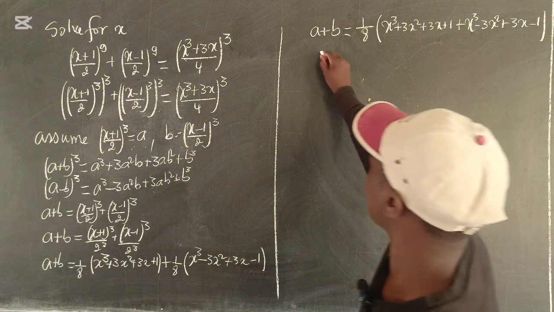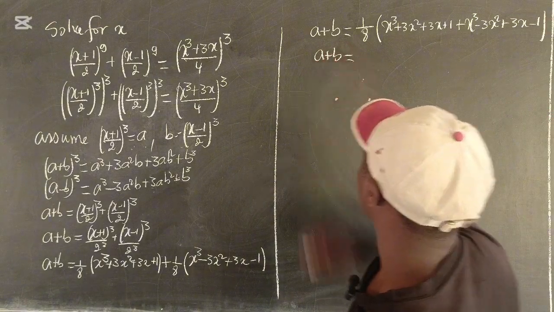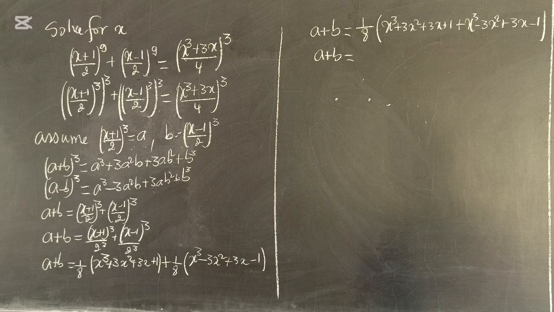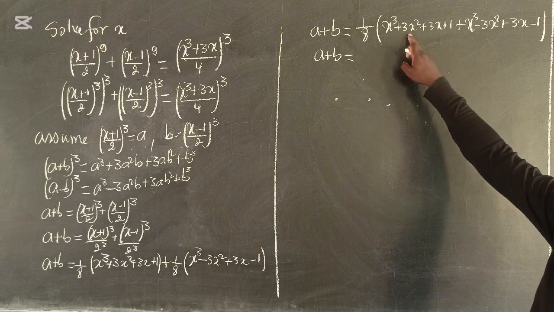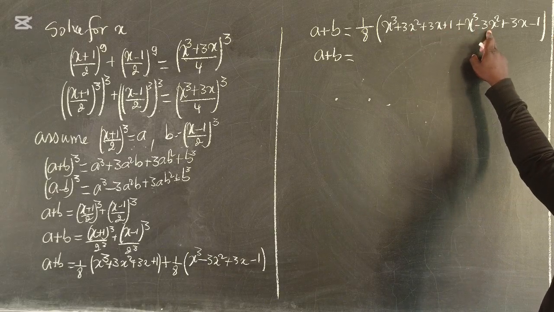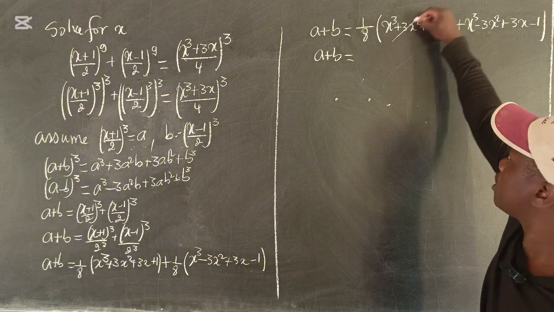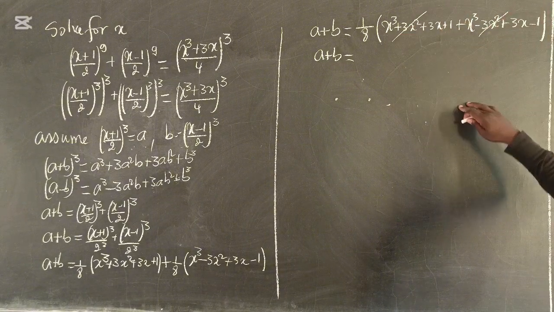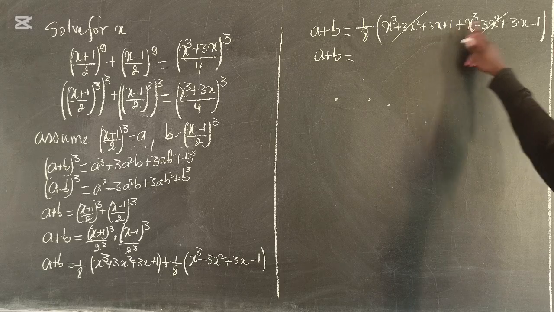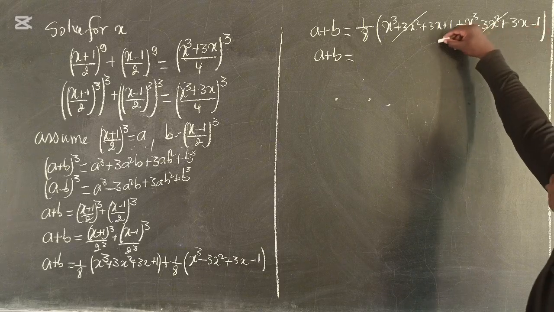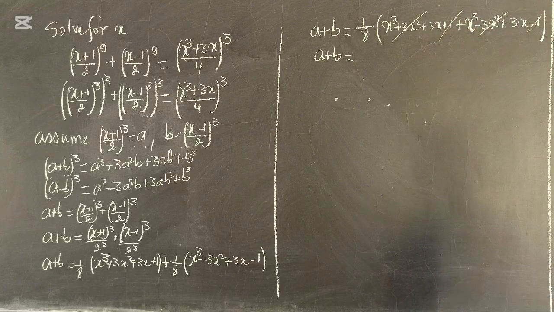As you see, this 3x squared and this negative 3x squared vanish to 0. Here we have 1 minus 1, which is 0.